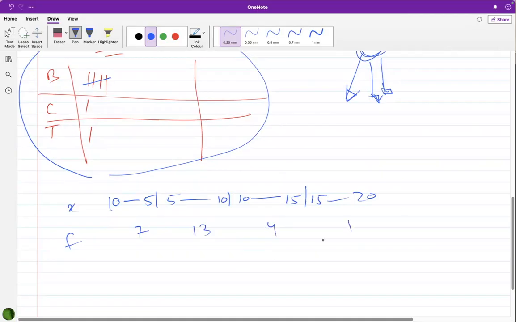From 15 to 20, we found 1 leaf. Let's say this is 2. So for example, from 0 to 5, we have 7 leaves. But we are not sure, was that exactly 3.5 millimeters, 4 millimeters, or what? Now we have a broad idea, but we lost the actual data. We're just making these classes.